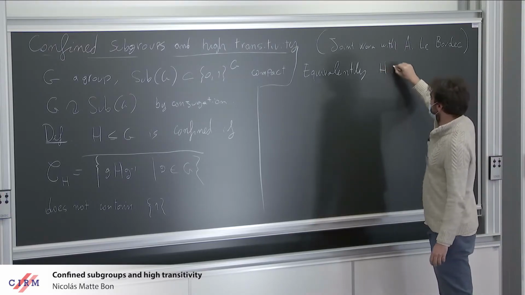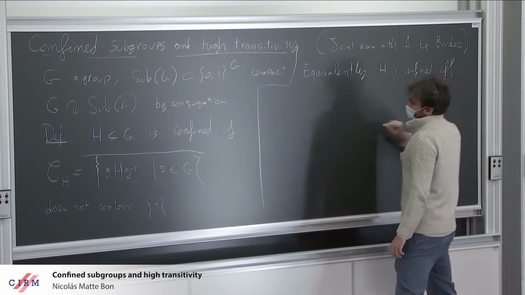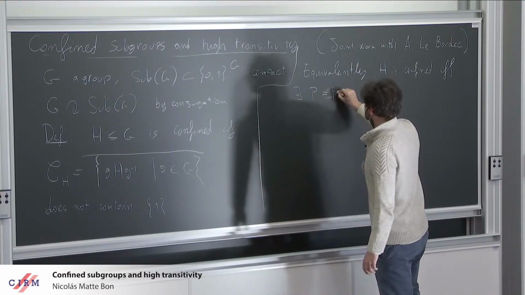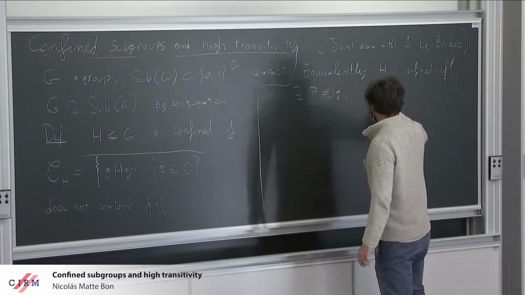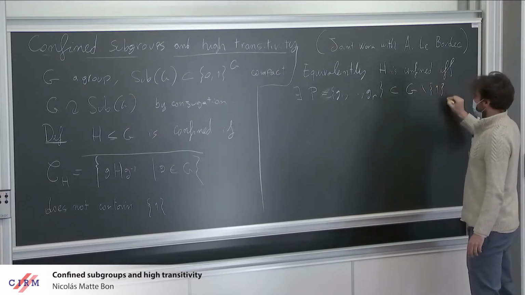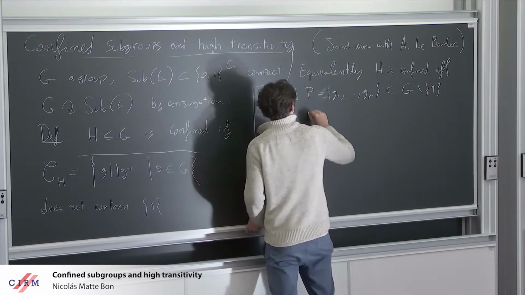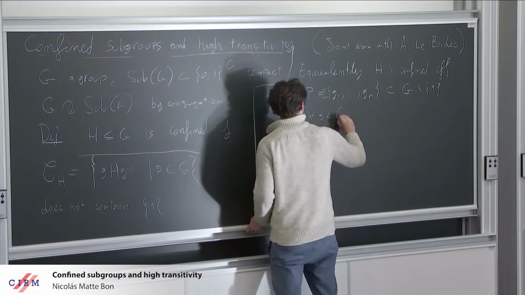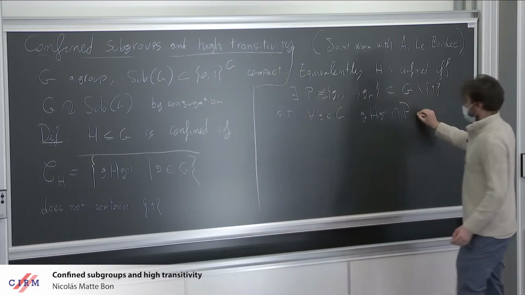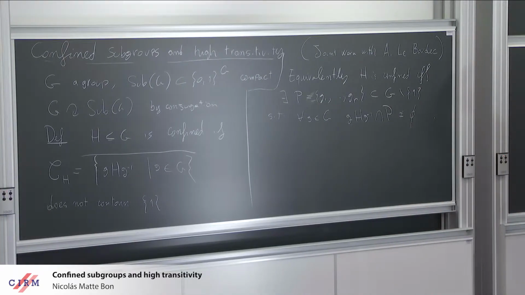H is confined if and only if you can find a finite subset P of non-trivial elements of G such that for every g in G, the conjugate of H by g intersects P non-trivially.